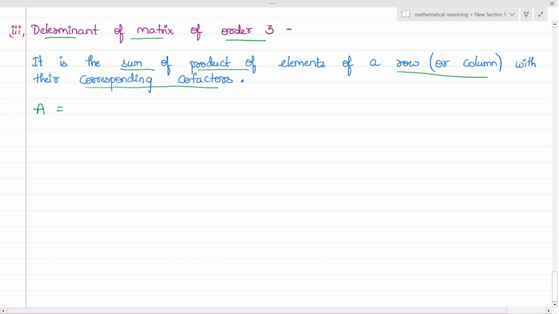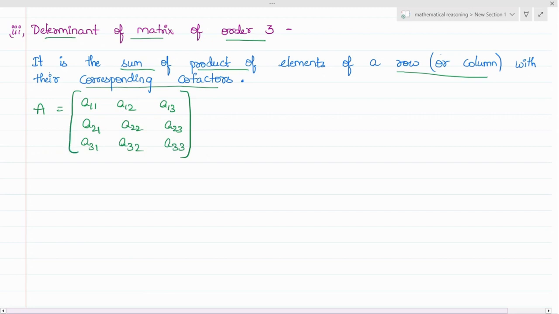If a matrix A is given, that is A11, A12, A13, A21, A22, A23, A31, A32, and A33. This is the matrix of order 3 cross 3. Then we denote the determinant like this, that is sum of.